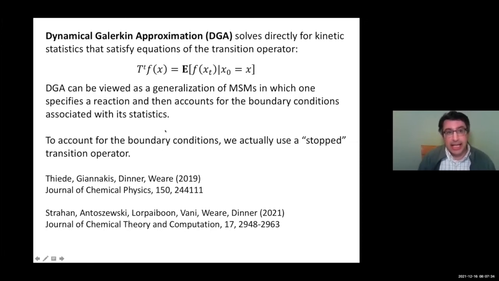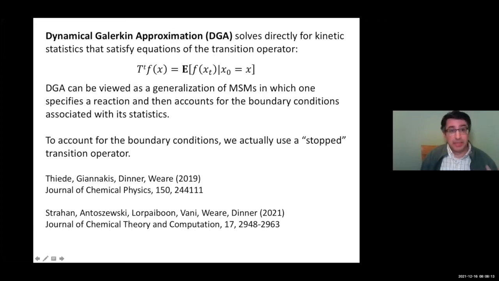The way that it does that is to cast those statistics as solutions of an operator equation, where that operator is a so-called transition operator, which tells us about the evolution of the expectation of functions. So in some sense, you could think of this dynamical Galerkin approximation, or DGA, as a generalization of Markov state models, but one where we've actually specified the reaction or process that we're interested in.